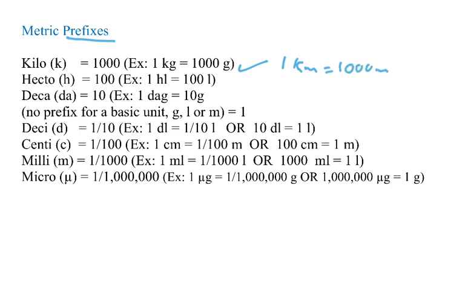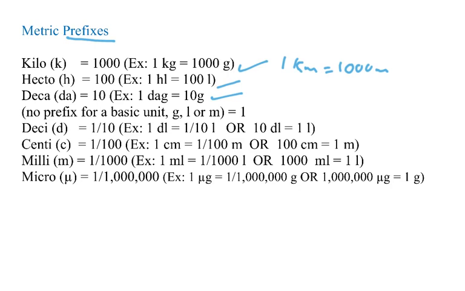You just put the standard prefixes in front of whichever one of the base units you need. Hecto represents 100, so 1 hectoliter, and see I'm using a different base unit there, 1 hectoliter is 100 liters. Deca, which is abbreviated by DA, stands for 10. 1 decagram is 10 grams. If you're talking about the base unit, you don't put any prefix at all, so gram, liter, or meter.